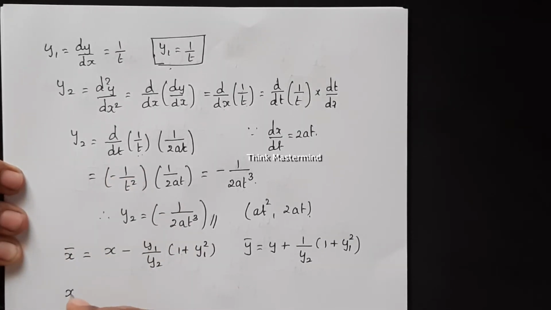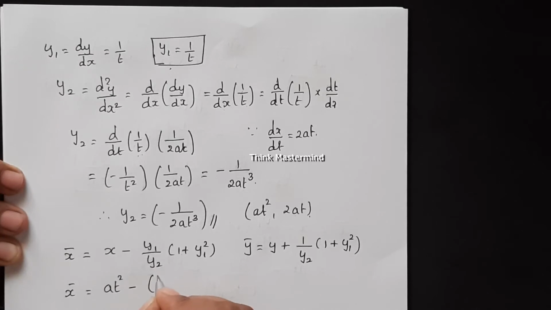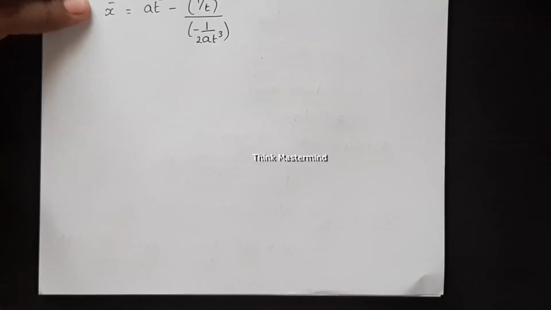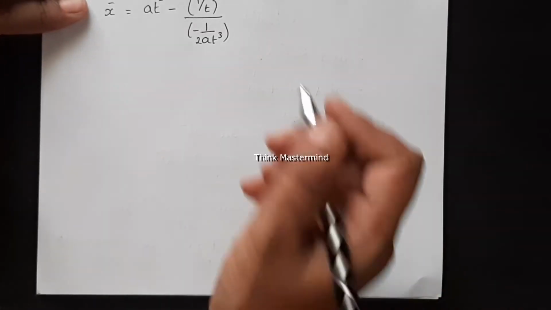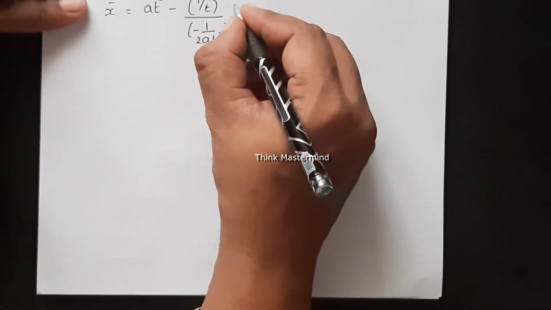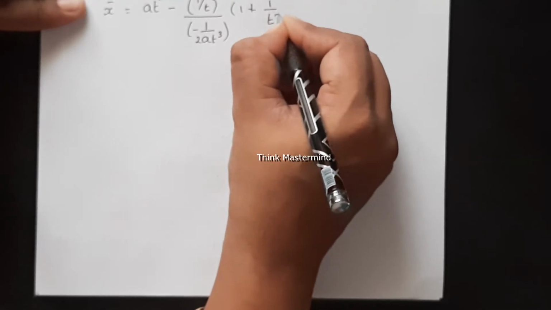So x bar is equal to a t squared, y1 value is 1 by t and y2 value is minus 1 by 2 times of a t cube. Into 1 plus y1 squared is 1 by t squared.